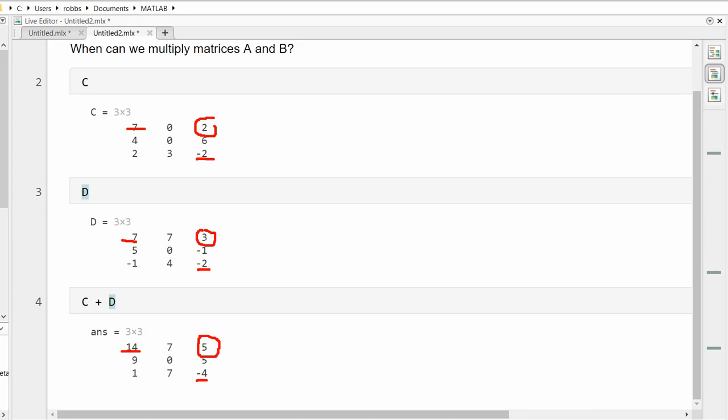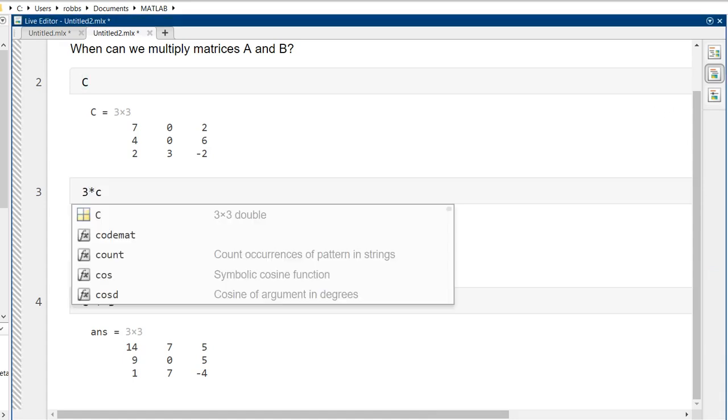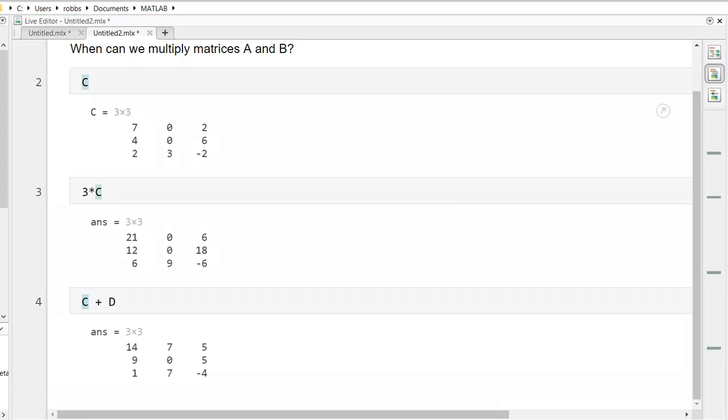All right. And then scalar products are what you would think. You just multiply all the way through. So if I have this matrix C, then 3 times C just takes every single component of the matrix and multiplies it by 3.